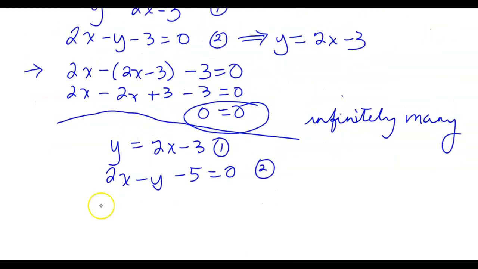So I'm going to have 1 into 2. So I'll have 2x minus 3 minus 5 equals 0. Okay, and then when you collect like terms there, I'll expand the brackets.